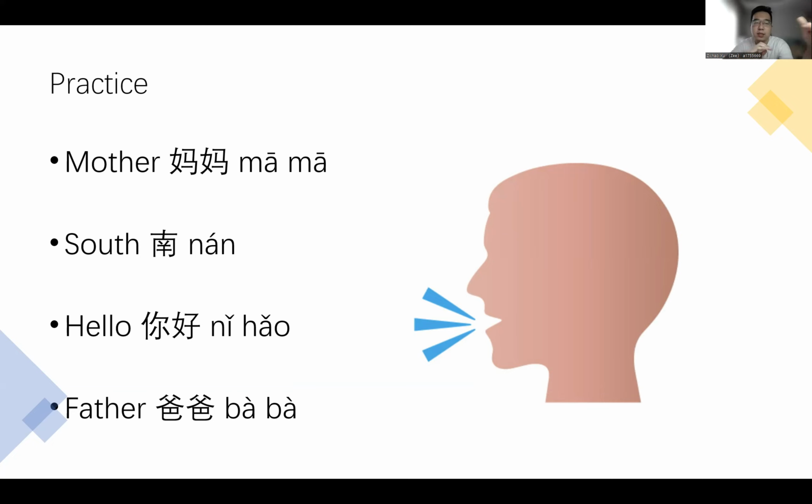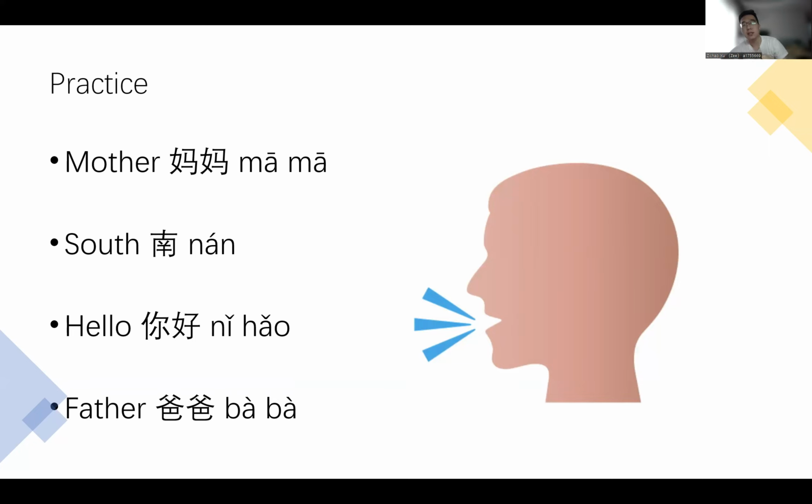So these are mother, south, hello, and father in Chinese. They are the first tone, second tone, third tone, and fourth tone. So mother is māma, right? Sometimes the second ma will be the neutral tone. For south, it's nán. You can see the voice is going up.